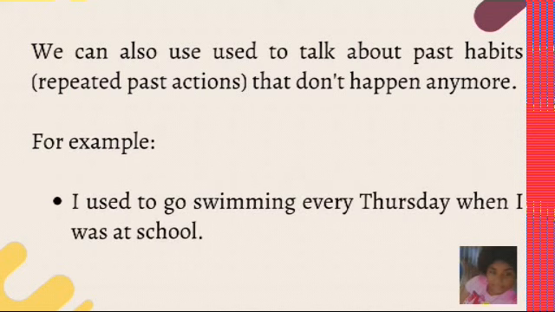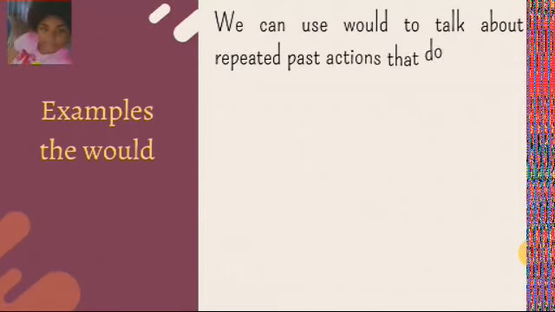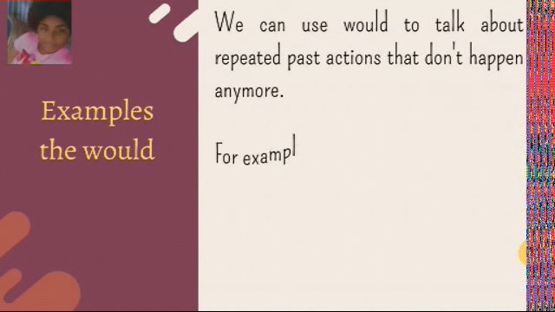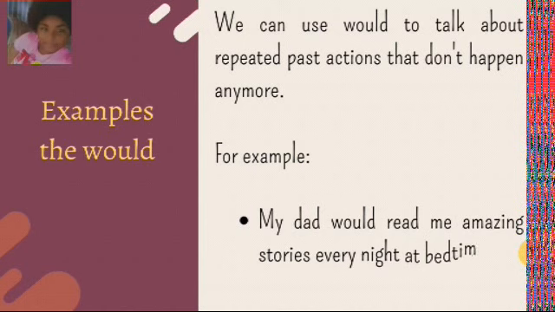For example, I used to go swimming every 2 days when I was at school. We can use "would" to talk about repeated past actions that don't happen anymore. For example, my dad would read me an amazing story every night at bedtime.